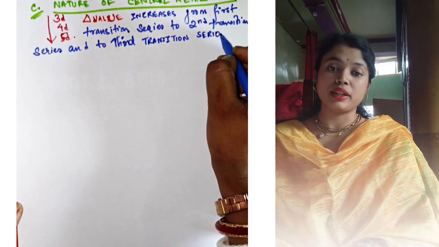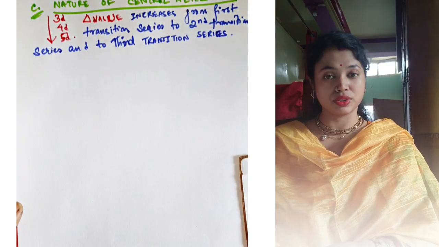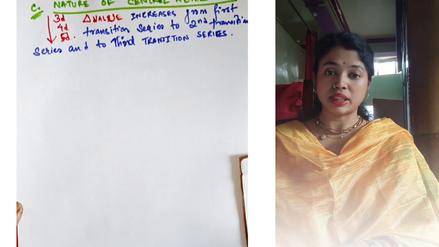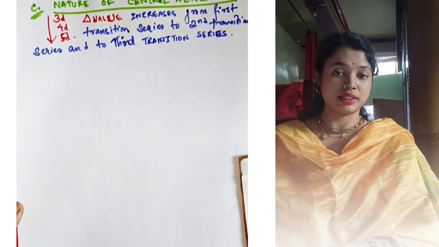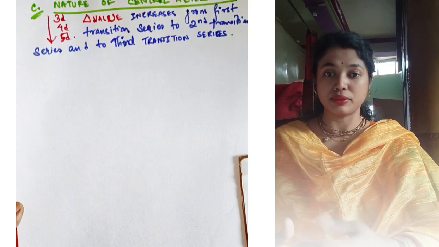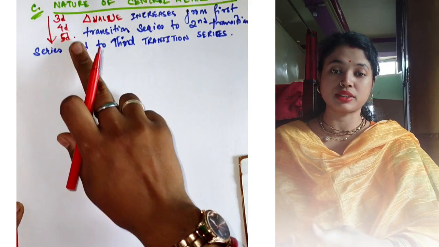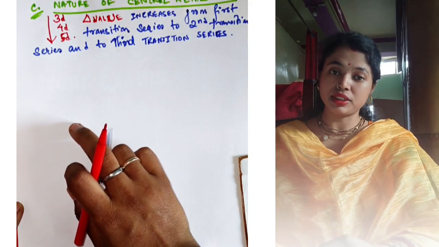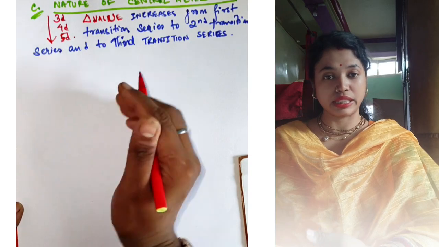Why so? Yes, there is an explanation why. See, delta naught value increases as we move the central metal ion from 3d configuration to 4d and to 5d. Thus, the value increases with the increase in the value of principal quantum number.